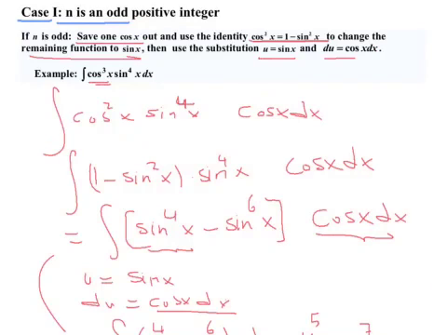If we look at the procedure again, the power of cosine was odd, so we take one cosine out, we saved it out, so this became cosine square. Since it became even, we can use the identity and change it into sine. So we are going to have a sine function here, and this is a cosine, which is the derivative of sine.